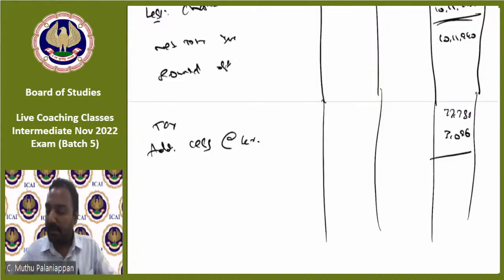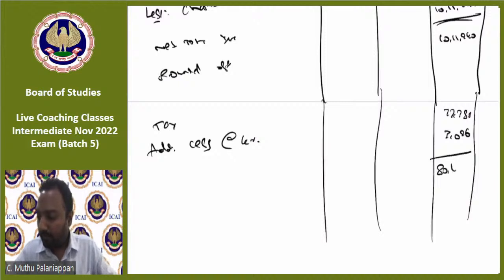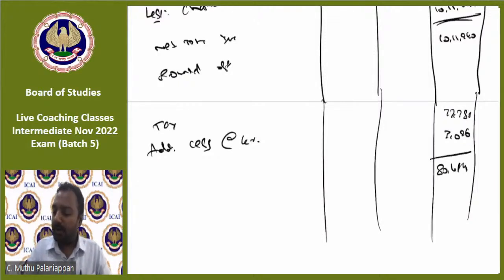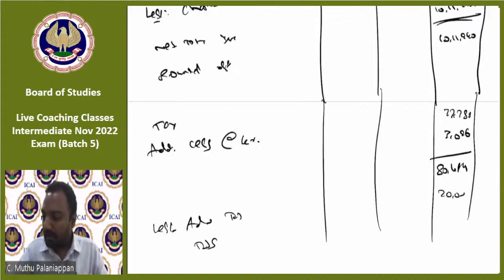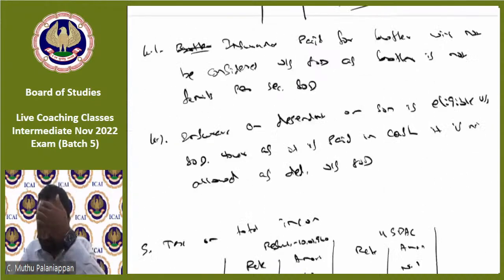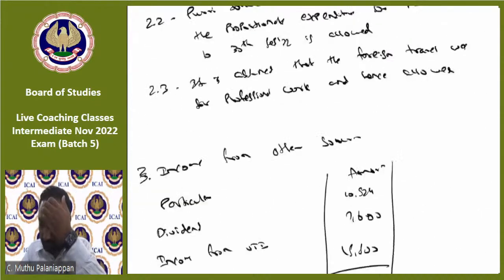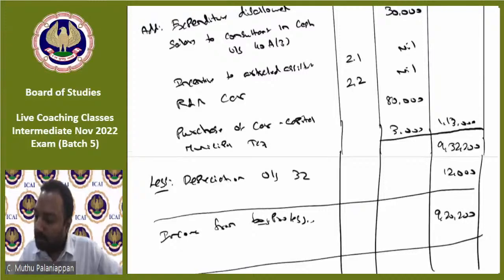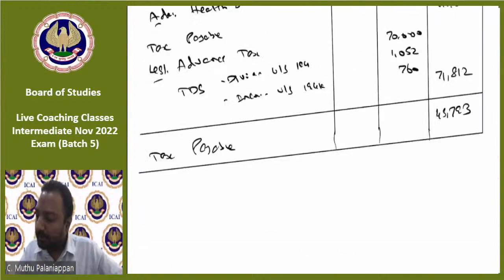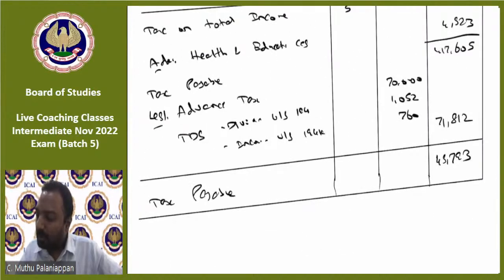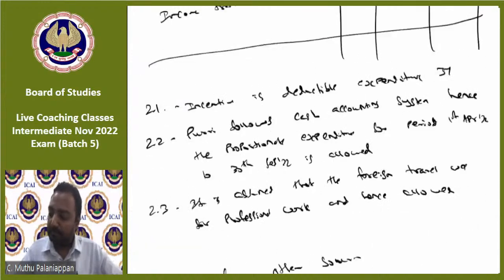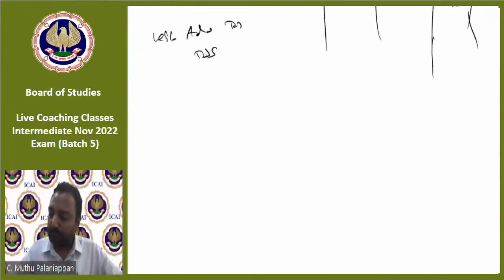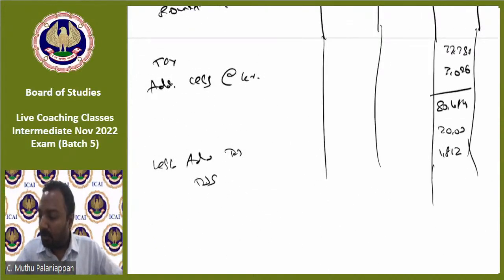So it becomes 80,484. Less advance tax and TDS. Advance tax is 70,000 and TDS that we saw earlier is 1,812.